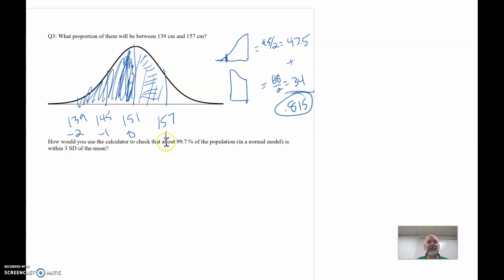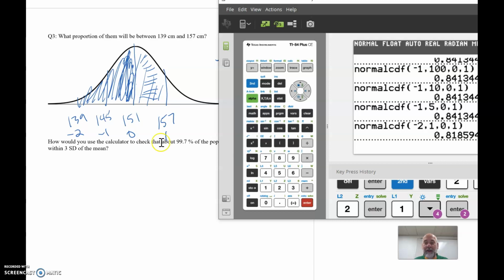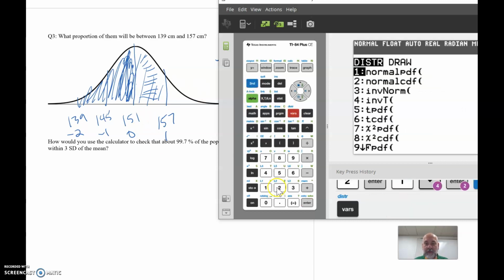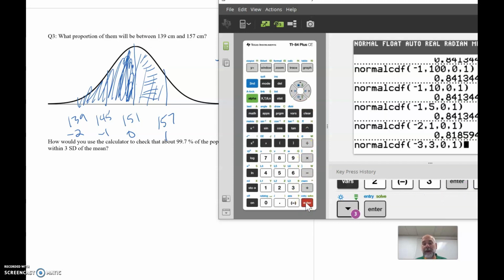You can see that with the last one, and we can squeeze this in. How would you use your calculator to check that about 99.7% of the population in a normal model is within 3 standard deviations of the mean? Well, I'm just going to norm CDF, between a z-score of -3 and a z-score of +3. If you go 3 standard deviations below and 3 standard deviations above, you get 99.7%.